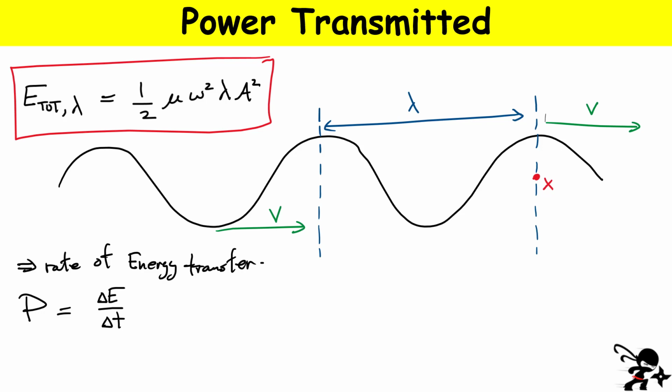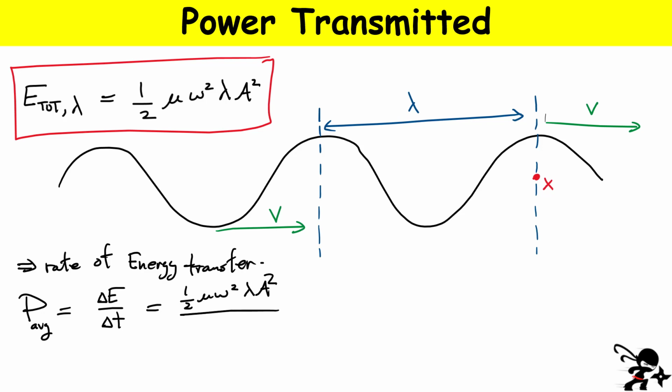And if this wave travels to the right at some speed v, let's imagine how much energy goes by a specific point when a whole wavelength passes this point x. What we would have in that case, and this is kind of like an average power, okay? The change in energy that would go by would simply be my total energy of that wave, right? This would be 1/2 mu omega squared lambda a squared.